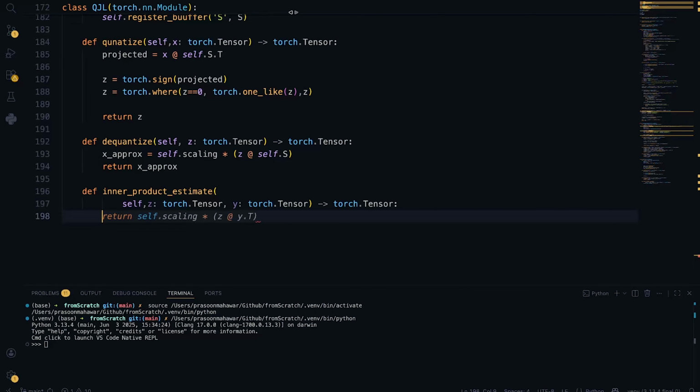It will directly estimate the inner product of y and x from quantized z, which is more efficient than dequantizing x and then dotting with y.